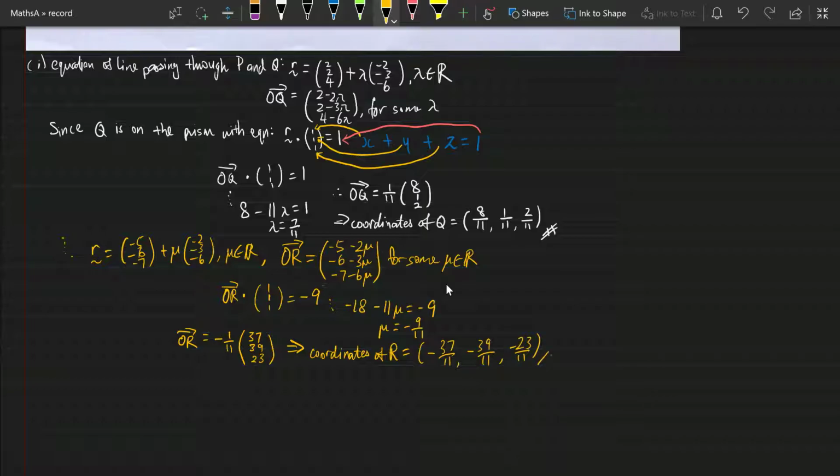I know these numbers look ugly, some weird fraction and so on, but they wanted exact, so just give it to them.